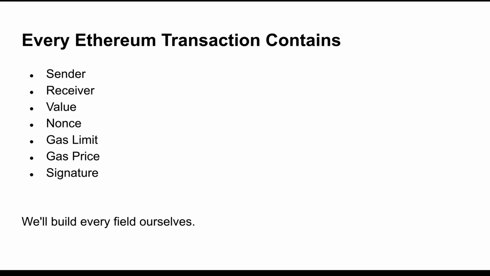Nonce is like the total number of transactions you have made on your account, so we keep track of it and use it when sending transactions to prevent something called a replay attack, and other things. I think I've treated that in previous videos, so you might need to check them out too.